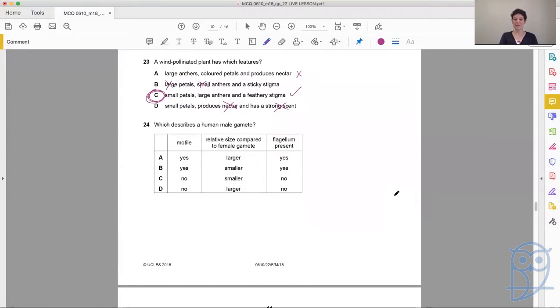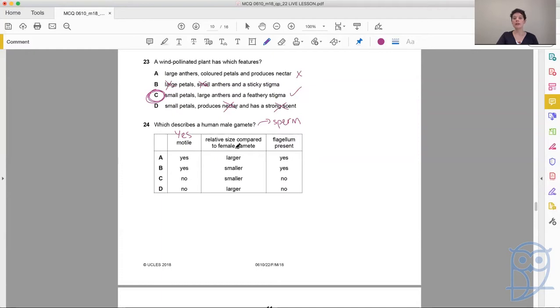Okay, question 24. Which describes a human male gamete? Remember, when we've got these tables, what we want to do is answer the question, then look for the matching. So, a human male gamete, we're talking here about sperm. Is it motile? Can it move? Yes, it can.